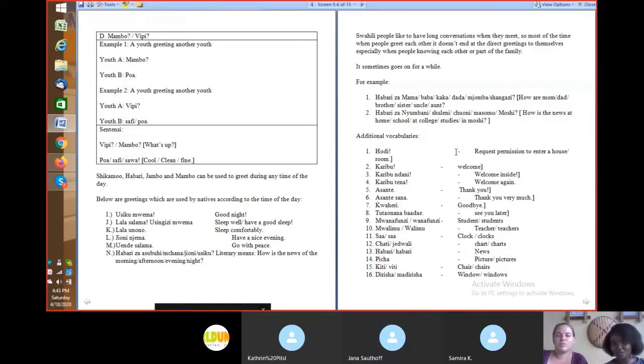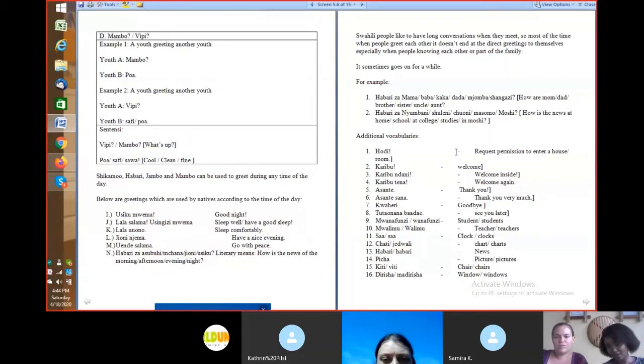There you can see mwanafunzi, the student. Wanafunzi is the plural of mwanafunzi, which means students. Second is mwalimu, meaning a teacher, and walimu is the plural of it.